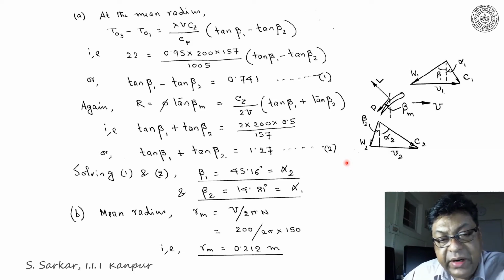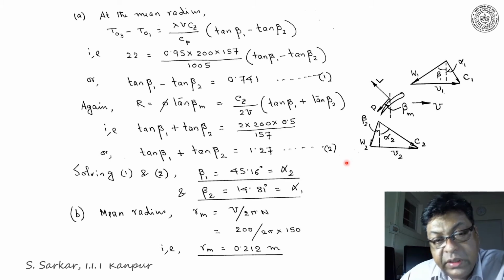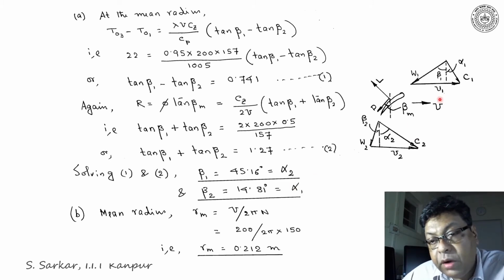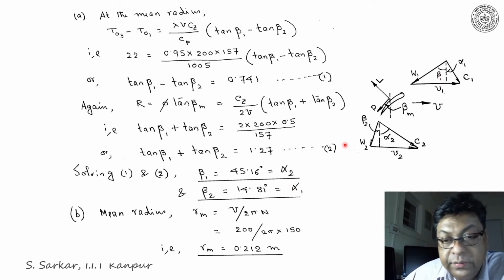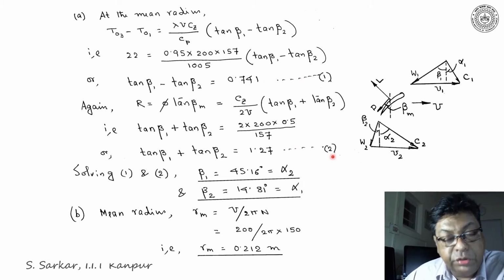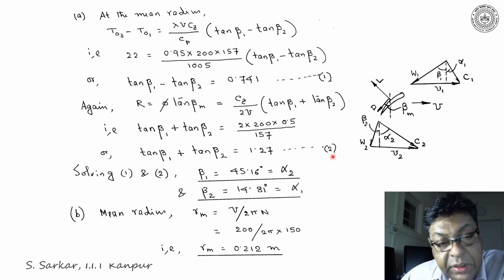Let me pause here and just tell you, the degree of reaction was given as 0.5. 0.5 degree of reaction means the velocity triangles at inlet and exit would be the mirror image of each other. So beta 1 would be equal to alpha 2 and beta 2 is equal to alpha 1. Thus, if I solve equation number 1 and equation number 2, I'll get beta 1 and beta 2.